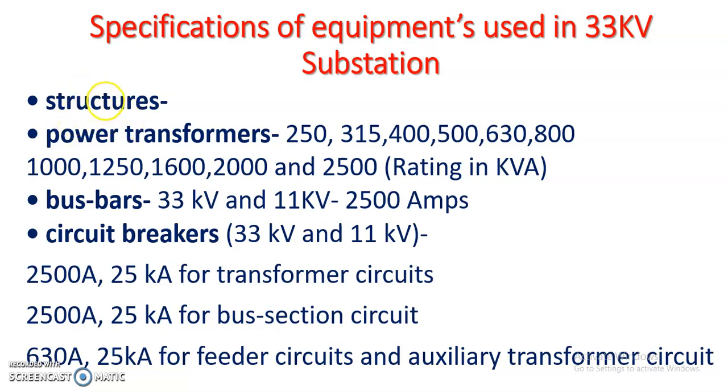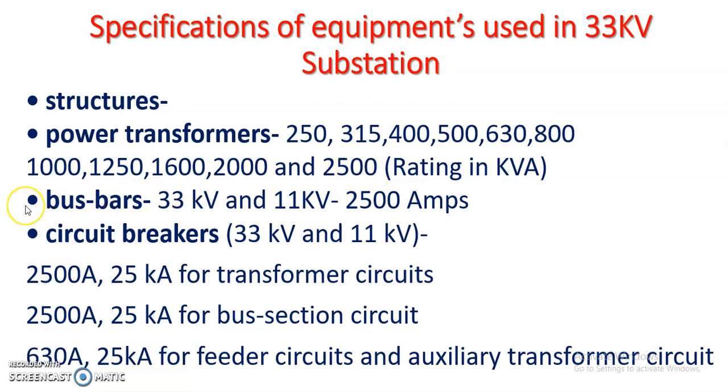Then the second point is the power transformer. The power transformer has ratings of 250, 315 kVA, 400 kVA, 500 kVA, 630, 800 up to 2500 kVA. We can use this power transformer in a 33 kV substation.